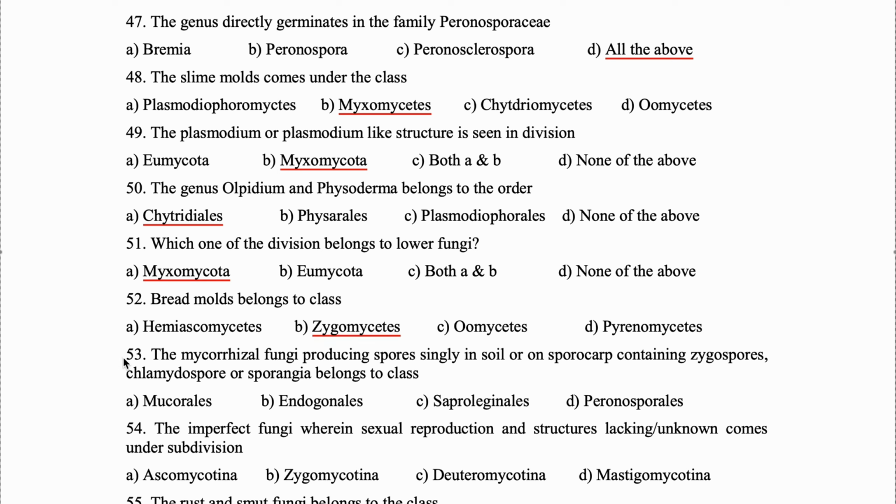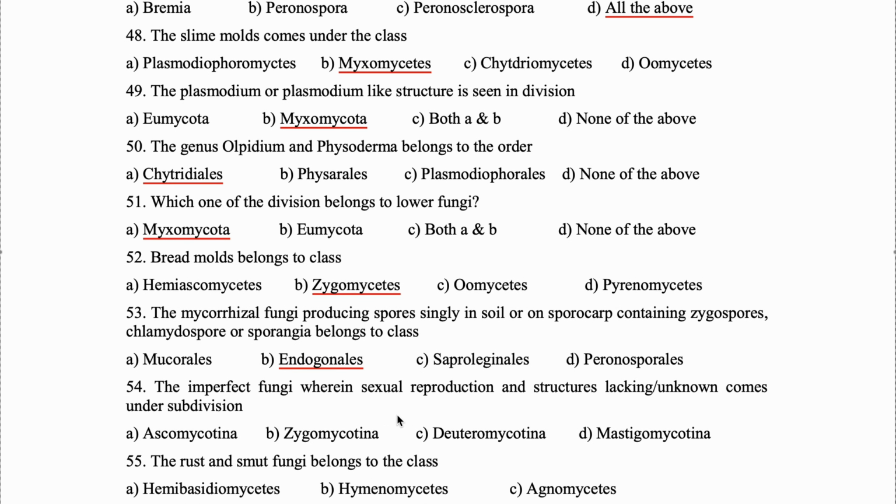Zygomycetes. Question 53. The mycorrhizal fungi producing spores singly in soil or on sporocarp containing zygospores, chlamydospores or sporangia. It belongs to class, okay, it will be Endogonales. This is a genus of mycorrhizal fungi that we use.